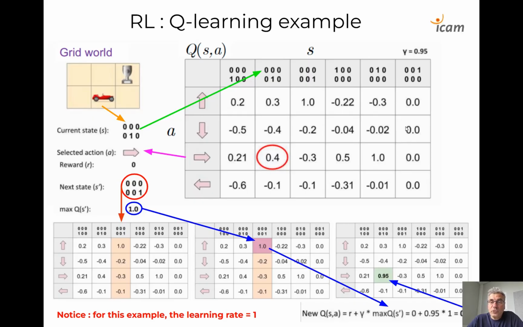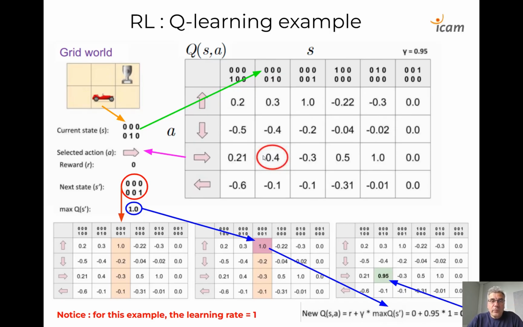And here is the Q table at a certain instant. Imagine we start from random values for the Q table, and we iterate the process of choosing an action and updating the cell of the Q table with the Bellman equation. And now we are in this state, and we have this Q table.